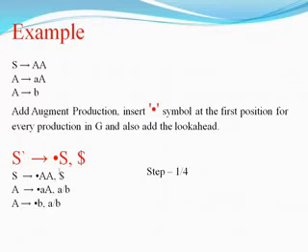This is the first step. We have to identify the non-terminal characters and the terminal characters in the given grammar, and add the augmented grammar for our given input grammar. So the augmented grammar is S dash tends to dot S, and whatever symbol you are writing, we have to define it.